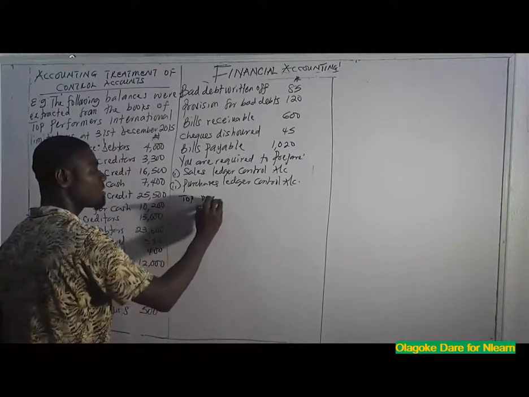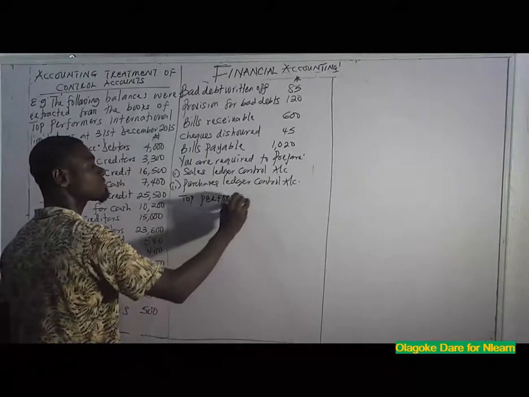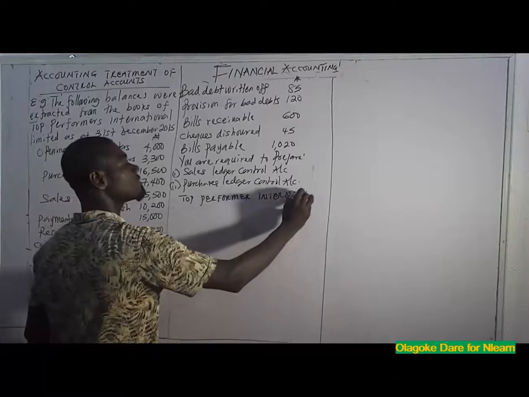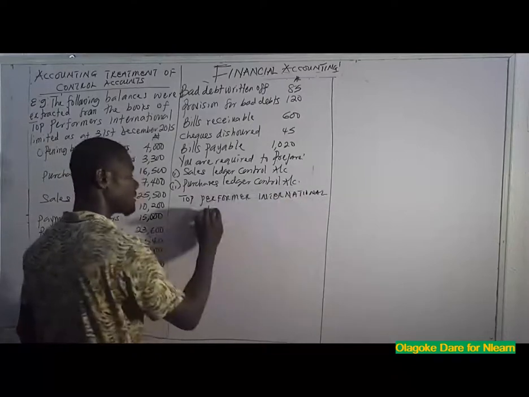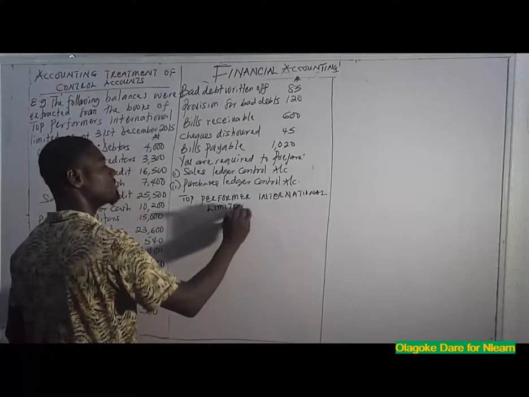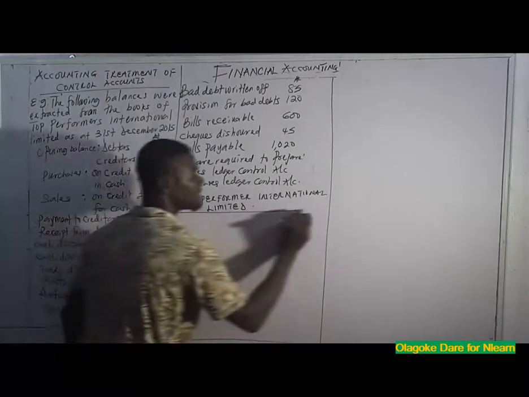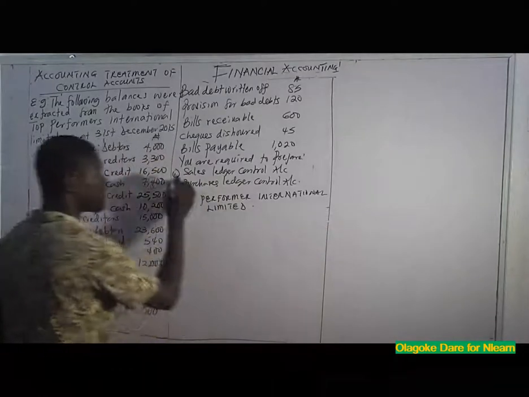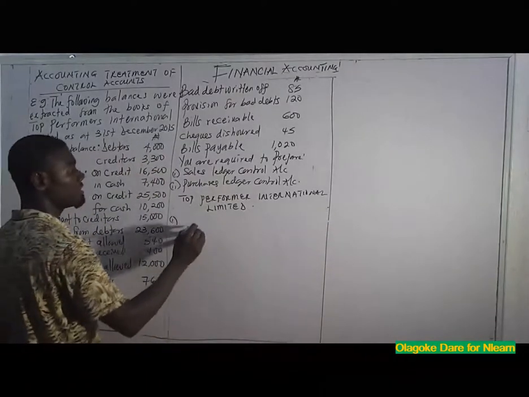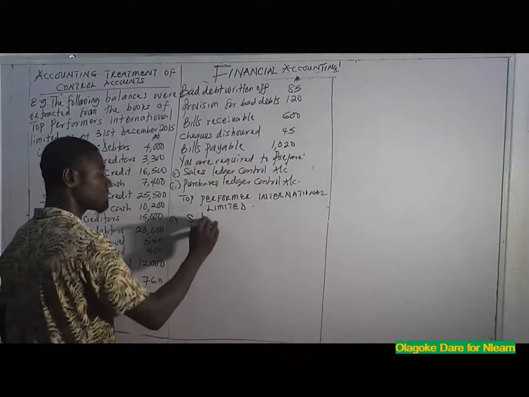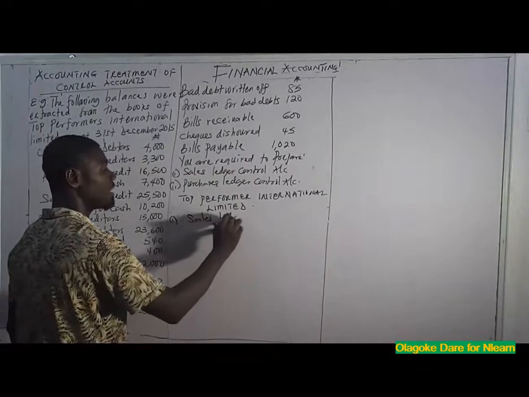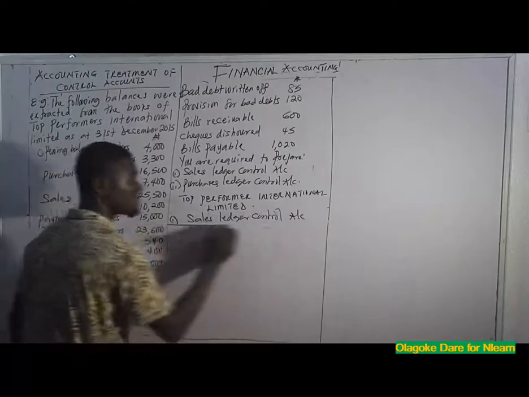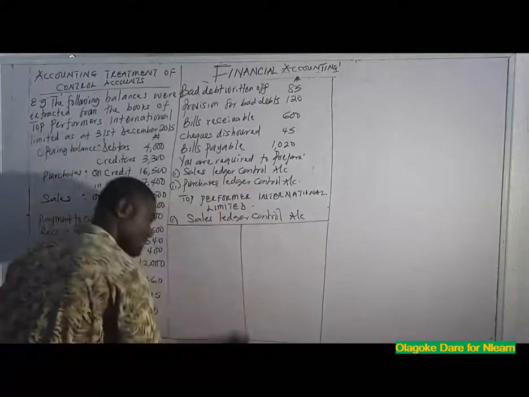So I have Top Performers International Limited like this. Then I'm going to start with number 1, which is sales ledger control account. It goes like this.